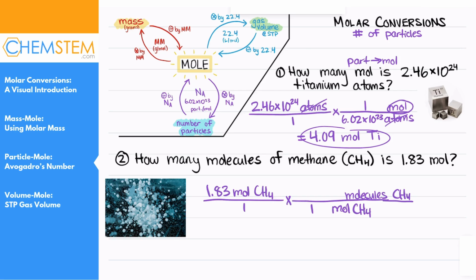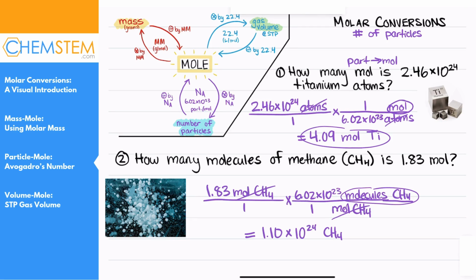1 mole of anything, in this case methane molecules, is 6.02 times 10 to the 23. So we're using Avogadro's number. Moles of methane cancels, molecules of methane does not. When we do our math here, we're going to get a really large number of about 1.10 times 10 to the 24 methane molecules. You don't have to put CH4 molecules.